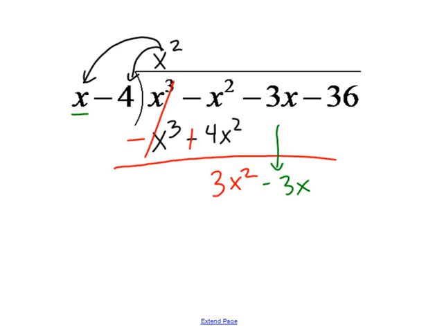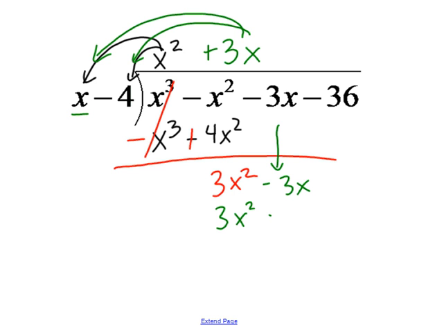So put that through, and I get plus 3x. Multiply that through, and I have 3x squared minus 12x. Subtract, which turns this into 9x.